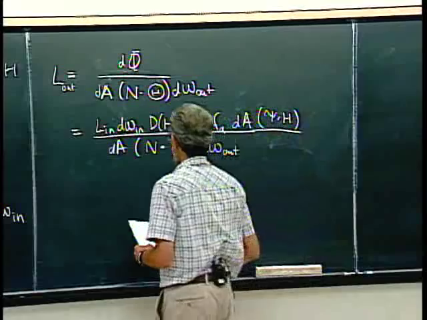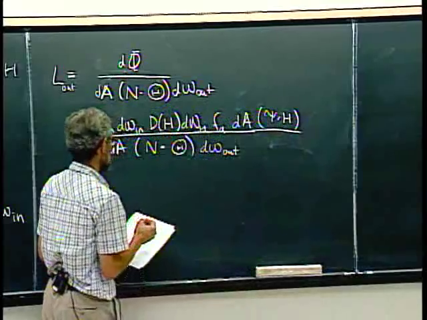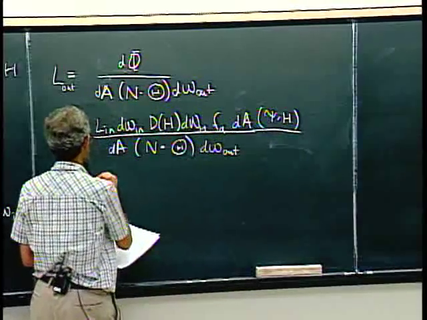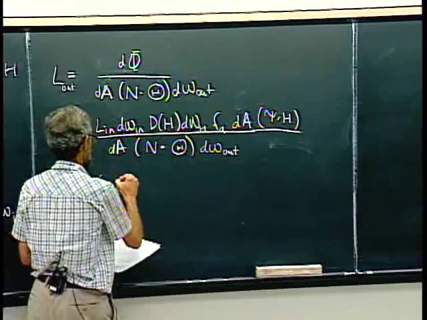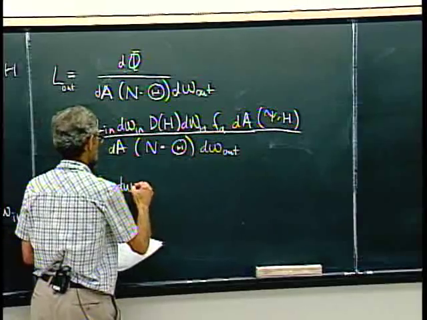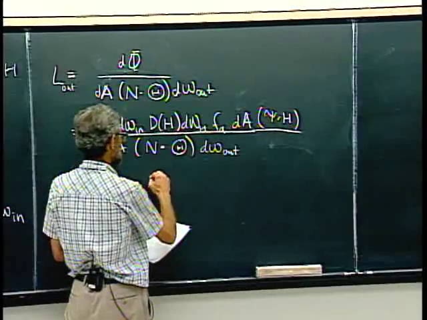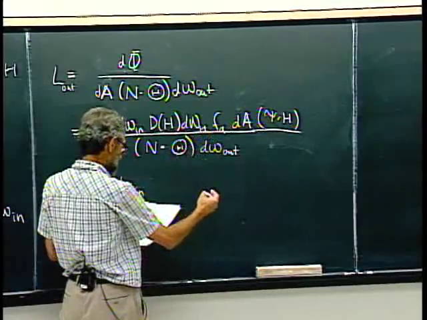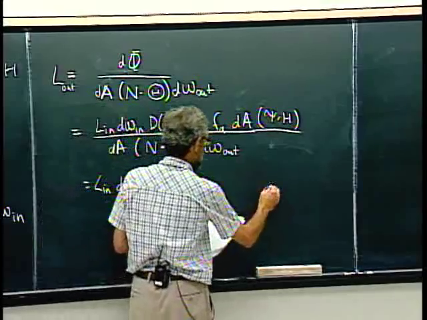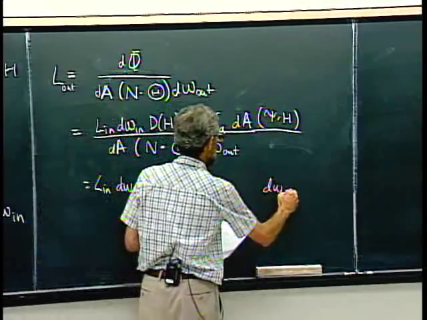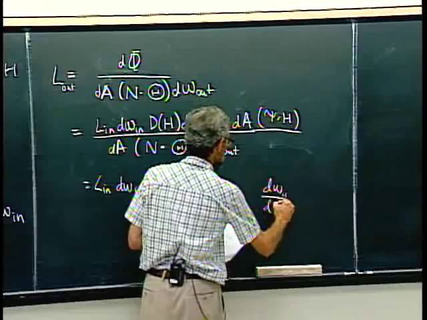So I'm just going to cancel out the dA's and reorganize these terms a little bit. I'm going to have a fraction that I'm going to compute next: d omega h over d omega out.